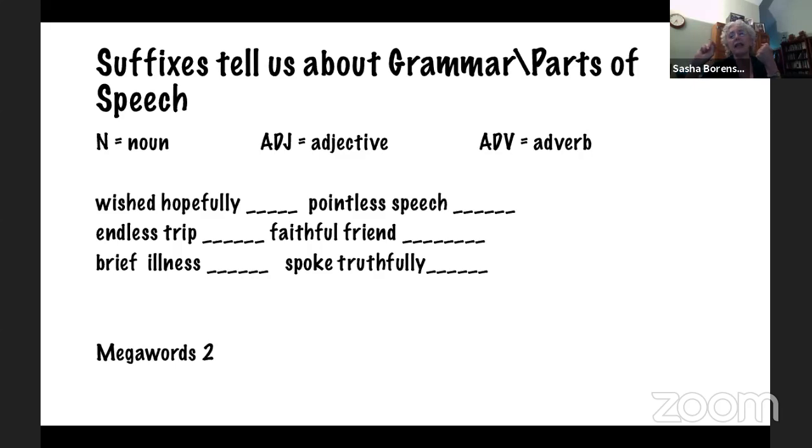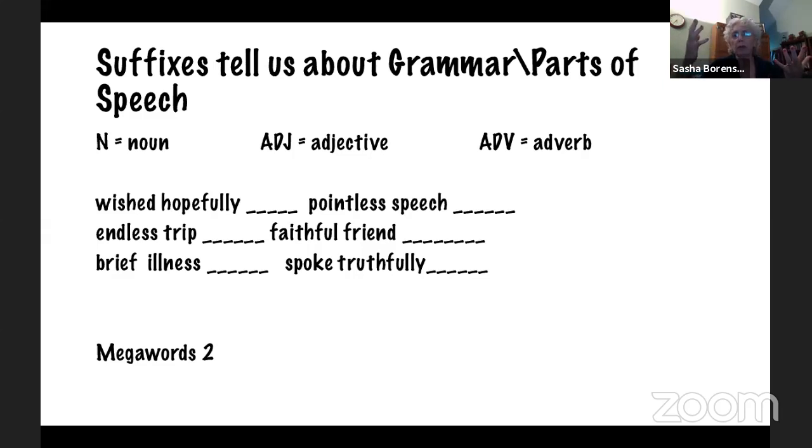Is that an inflectional morpheme or is it derivational? And it's derivational, isn't it? Because we took the word end, which is a noun, and we made it into an adjective. Okay? If we have pointless speech, point is a noun, but pointless is an adjective. So that became a derivational suffix, didn't it?